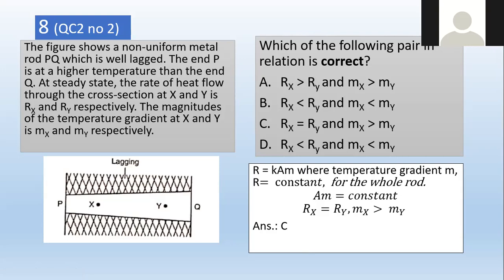Oh, you mean A equals 1 over M, like that? Yeah. You can see yourself. A is larger, M must be smaller here to make it constant. A smaller. Oh yeah, that's why at X, the A is smaller, that's why it's increased. Yeah. Okay.